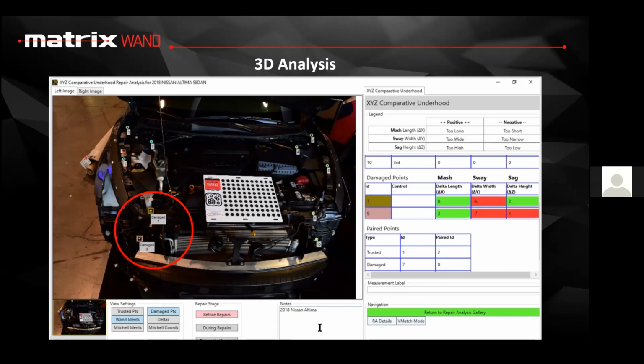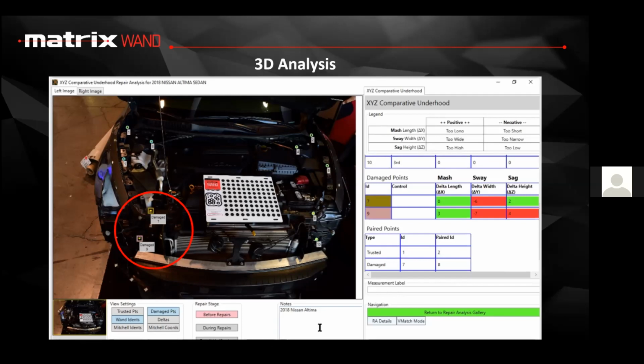This removes any subjectivity from the repair itself. Now we know exactly what needs to happen with this car. Which technician is this car going to go to? Is it going up on the bench or not? How many times are we going to need to set up the tower before we pull? You're going to start answering these questions a lot quicker.